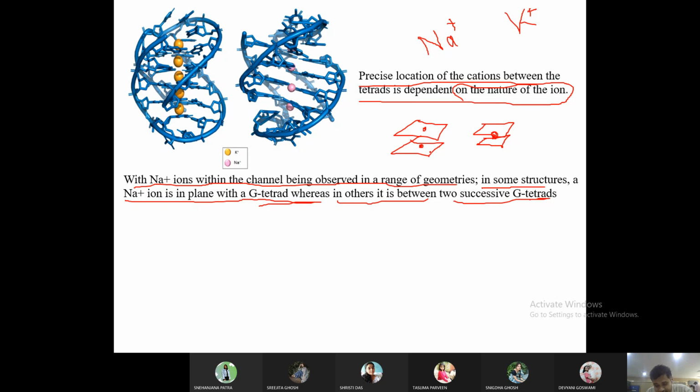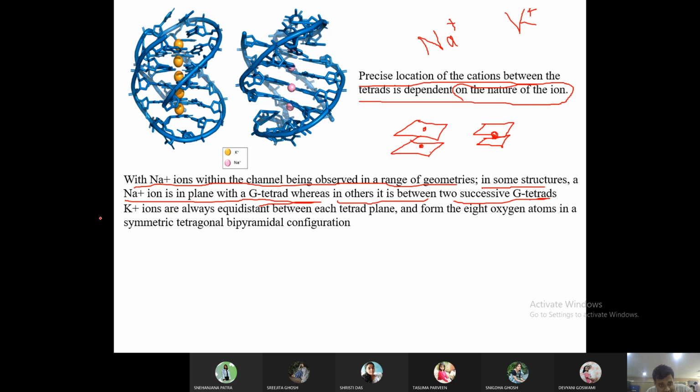Both are possible for sodium, but in case of potassium, potassium always stays equidistant between the tetrad plates. So for sodium both kinds of arrangement are possible, while for potassium only this kind of arrangement is seen. Each tetrad plate contributes 4 oxygen atoms, forming a systematic tetragonal bipyramidal configuration.